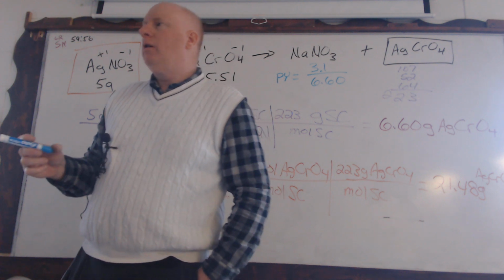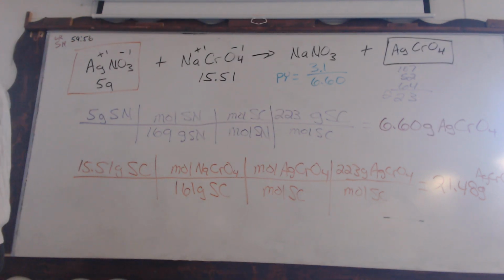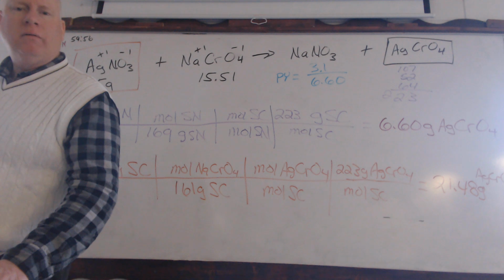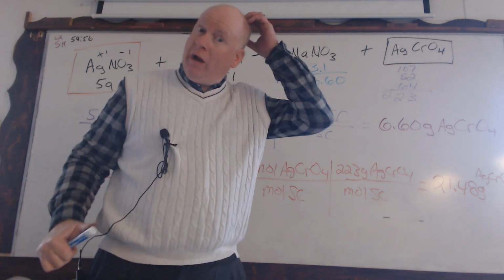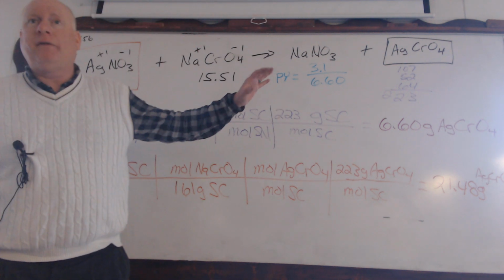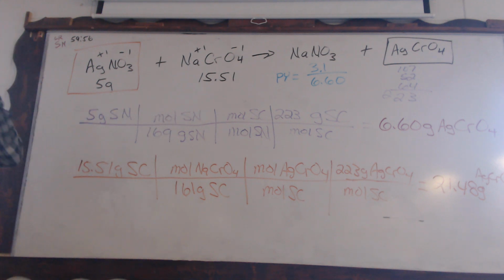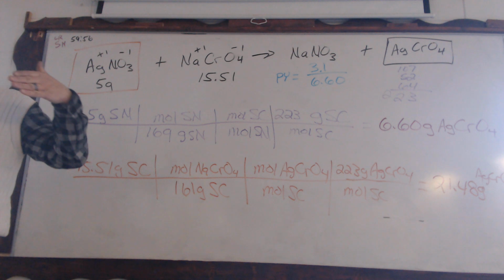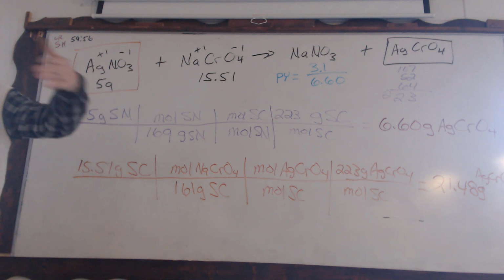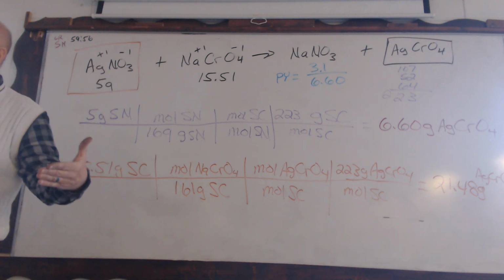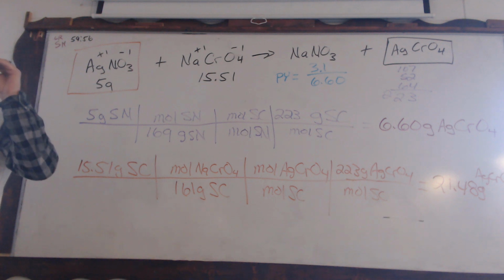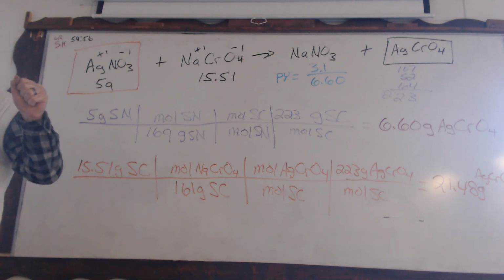So hopefully we have a pretty good understanding of this content now. We've got time for questions. Is there anything that you want just a little clarification on, or should we do a random problem on limiting reactants and percent yields?